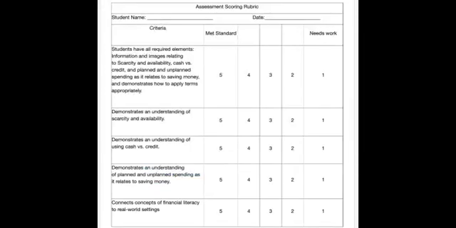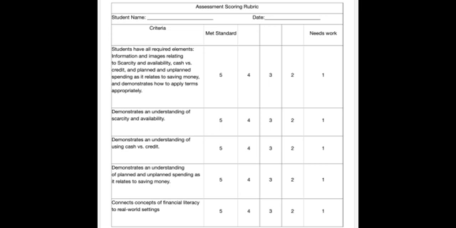Here is your assessment scoring rubric. The criteria: students have all required elements, information and images relating to scarcity and availability, cash versus credit, and planned and unplanned spending as it relates to saving money, and demonstrate how to apply terms appropriately. Student will demonstrate an understanding of scarcity and availability.